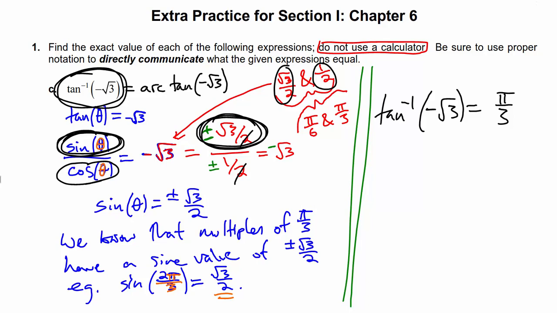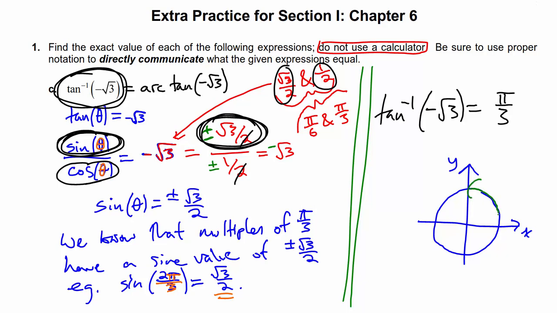To refine our answer, to figure out exactly what type of pi over 3 angle we need, we can consider a circle and consider the range of inverse tangent. It turns out that inverse tangent is very much like inverse sine.